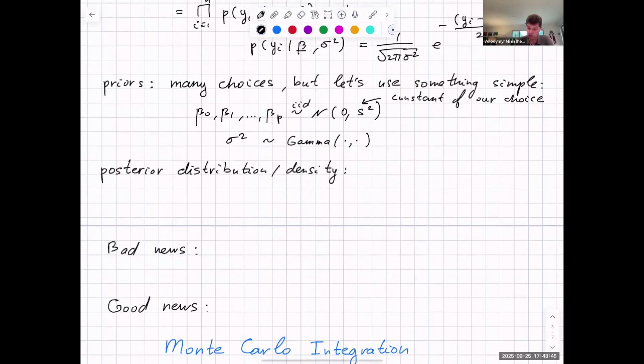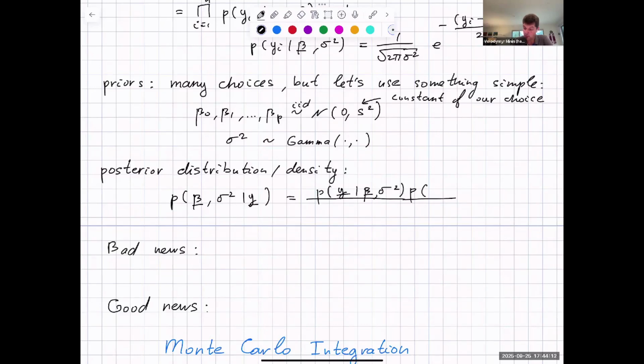So we can go and formulate our posterior. Our posterior is high dimensional in this case, potentially, at least. So it's a posterior density of beta and sigma squared. So it's a multivariate density, not a univariate as before. But it's still the same thing. It's a product of our likelihood, which we decided that we know how to compute.